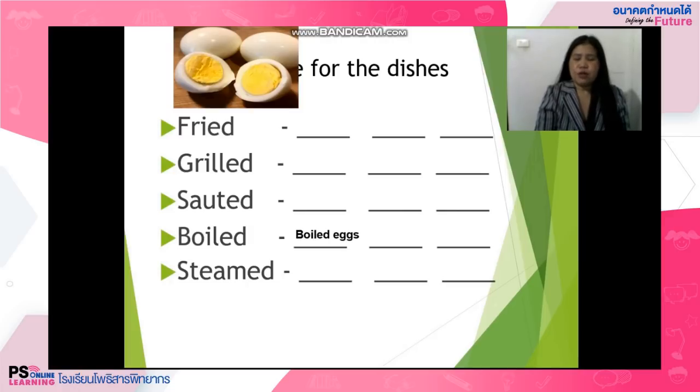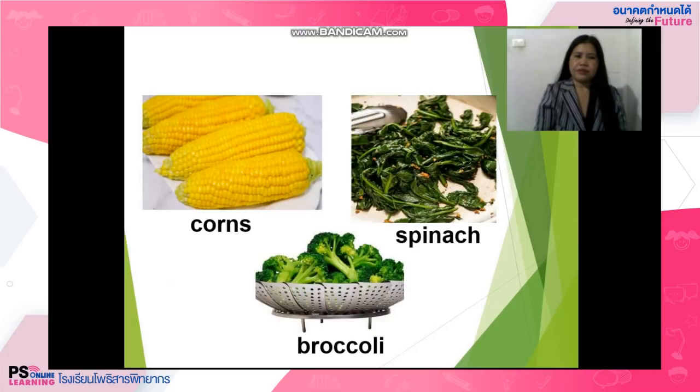So that is how you're going to do it. I will give you a minute to make a list on your notebook before I show you the pictures. I will give you 3 pictures at a time. Are you ready? Okay. So first 3. We have corns, spinach, and broccoli.